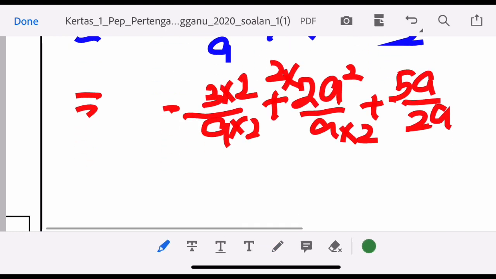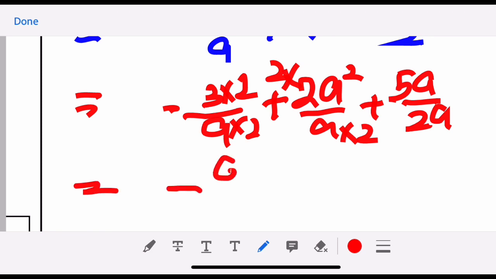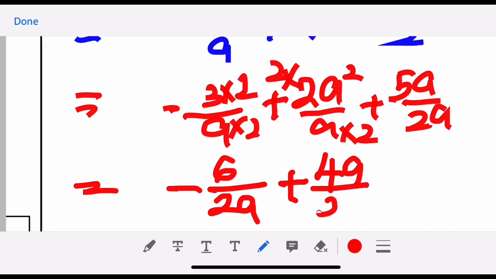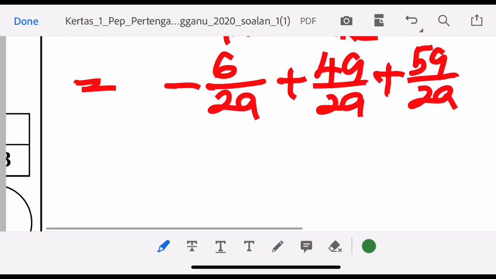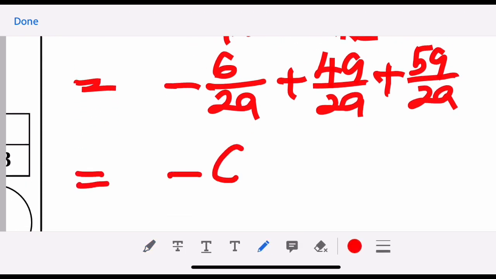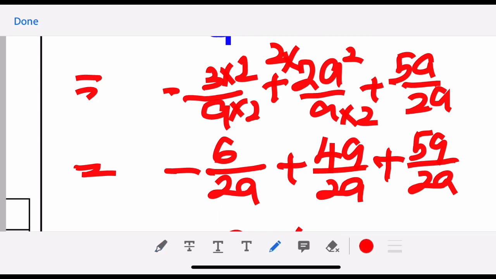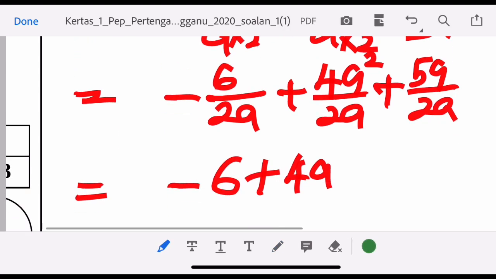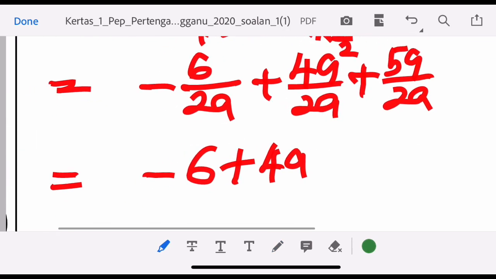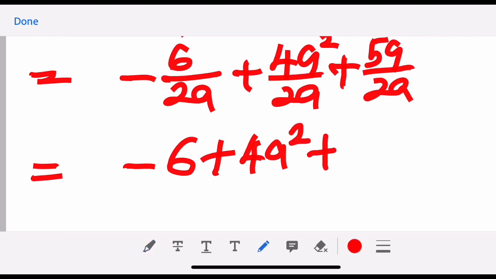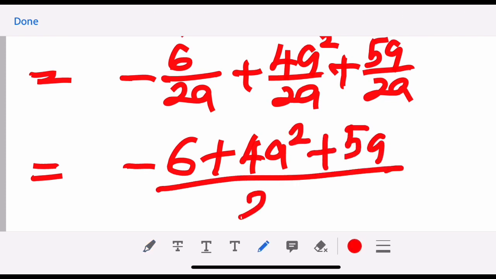So finally your answer is negative 6/2a plus 4a^2/2a plus 5a/2a. So if you want to join into one fraction like this, negative 6 plus 4a, okay, squared, right? There's a square, sorry. Let's write properly, a squared, plus 5a, all over 2a. Okay, so you can give me the answer like this.